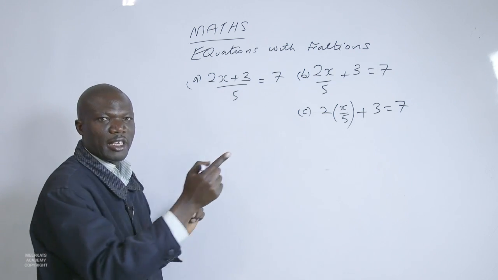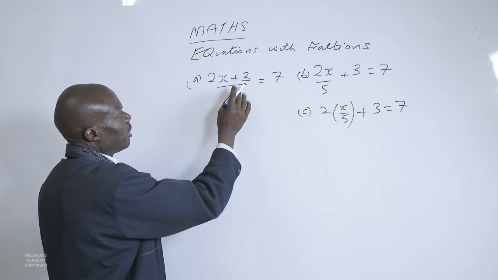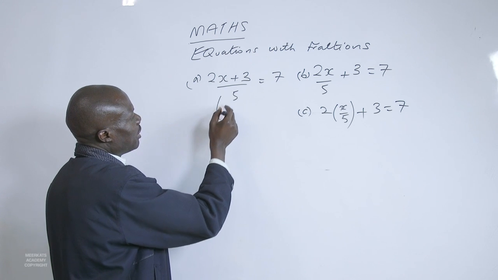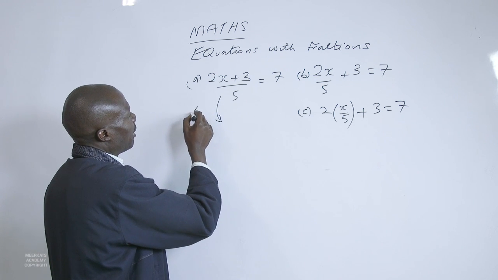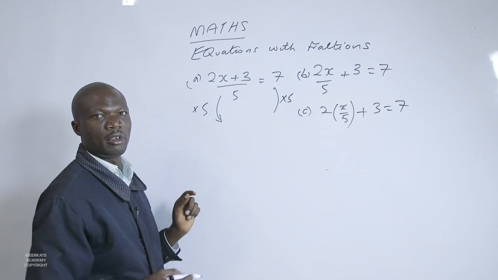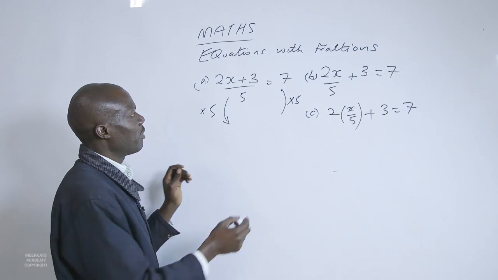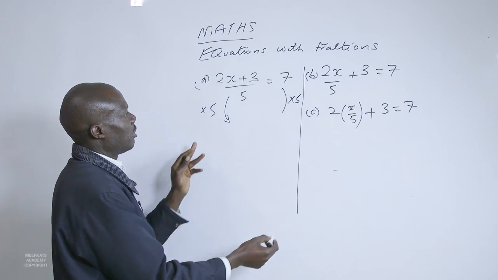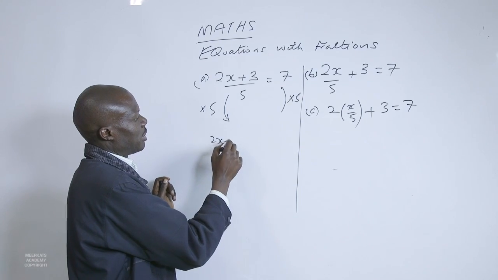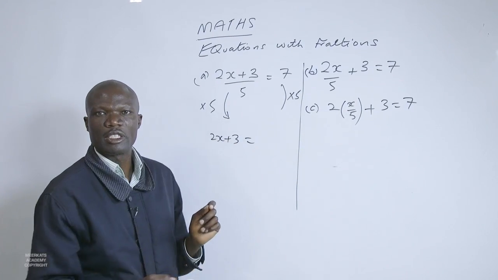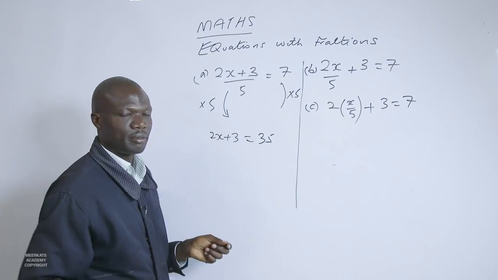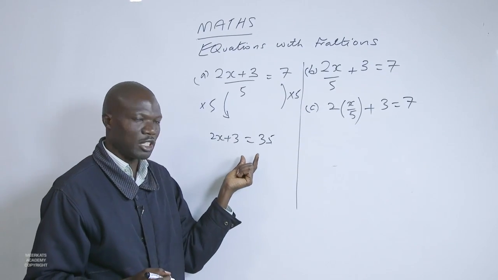For this particular case, by inspection, you will first start by multiplying by 5. As you multiply by 5, this denominator will be eliminated, and there will remain 2x plus 3, and the right side will give us 7 times 5, which is 35. So I want you to see this.